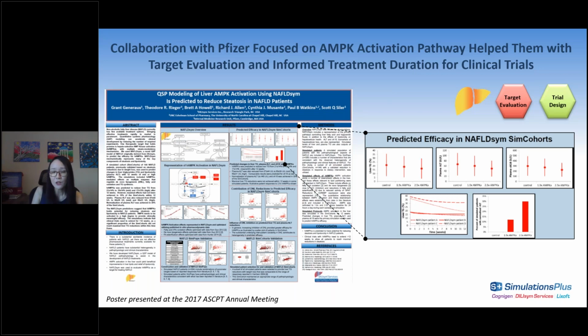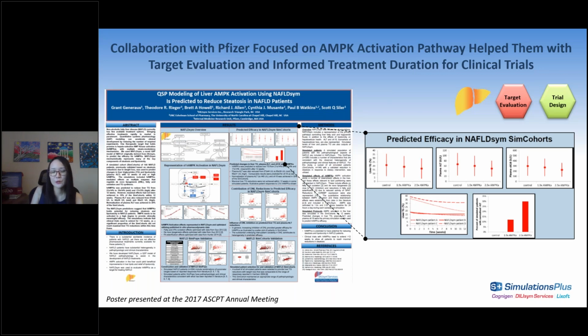Simulations showed that activation of the AMPK pathway could lead to reduction of steatosis and also lipotoxicity, suggesting that it could be a potential target for NASH treatment.